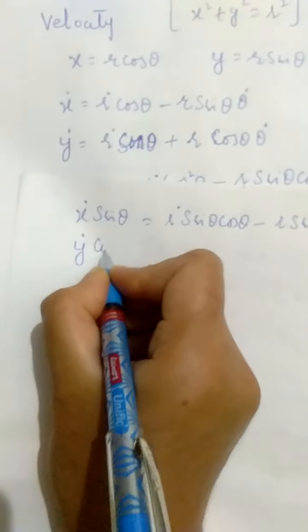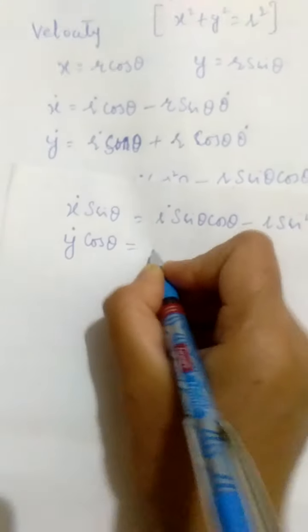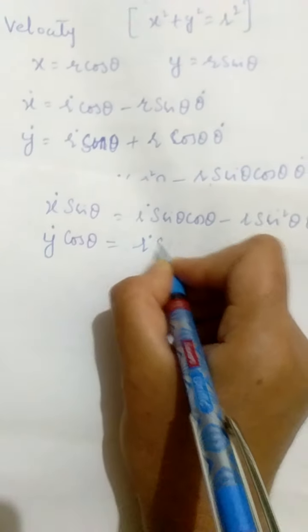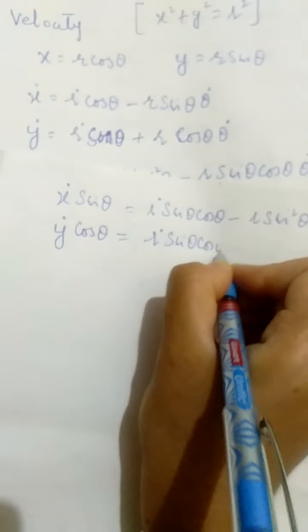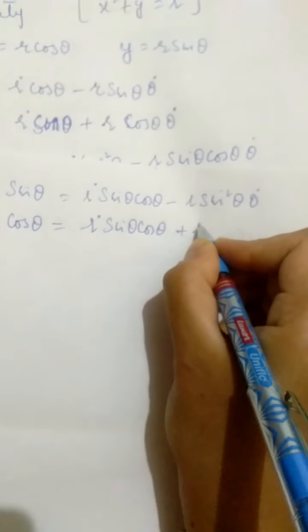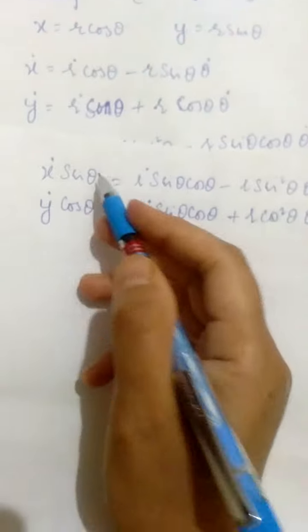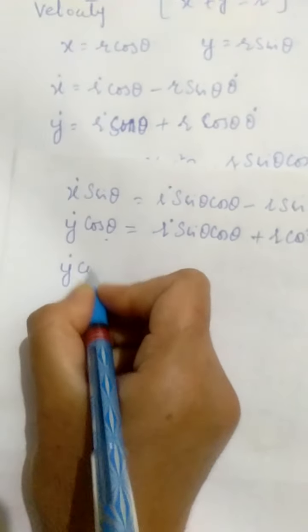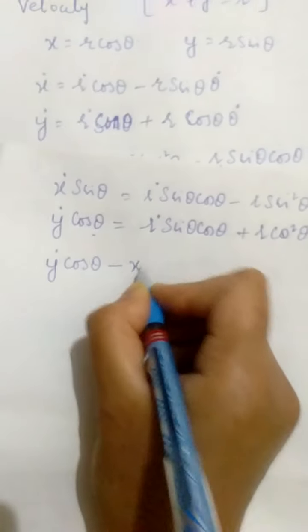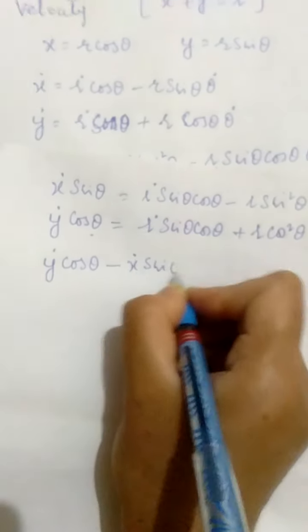So it is y dot cos theta is equal to r dot sine theta cos theta plus r cos square theta theta dot. Now let us subtract this from this, right? So it will be y dot cos theta minus x dot sine theta.